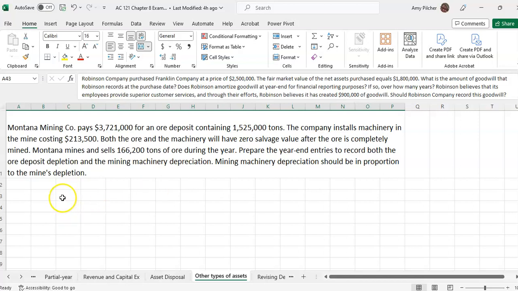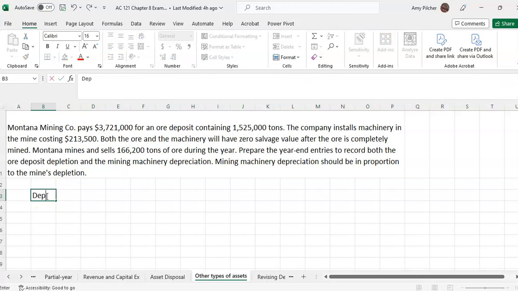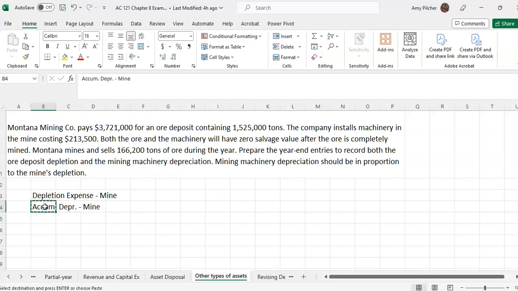Okay, so first we're going to have a depletion expense for the mine. And then we have accumulated depreciation on the mine. So the amount then is calculated by how much we get out of it.